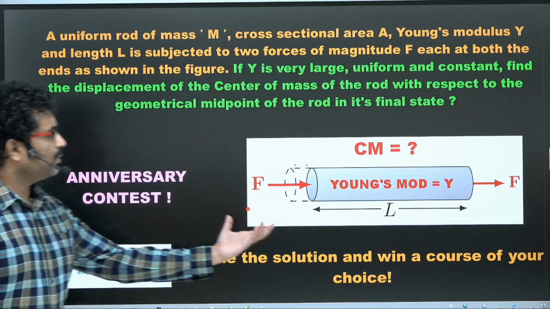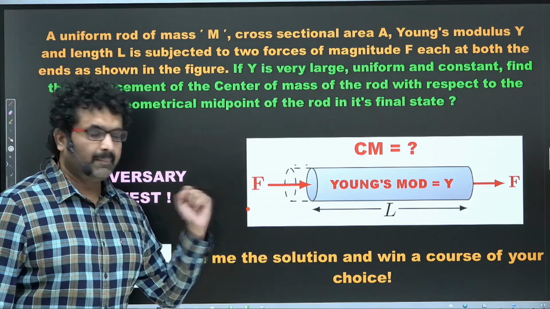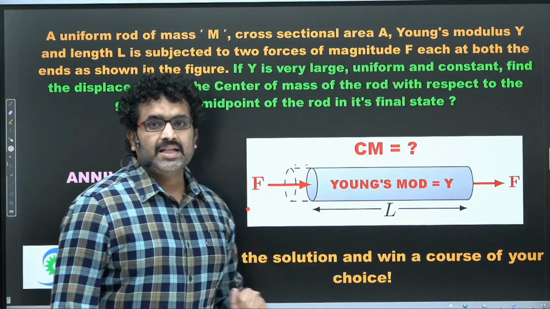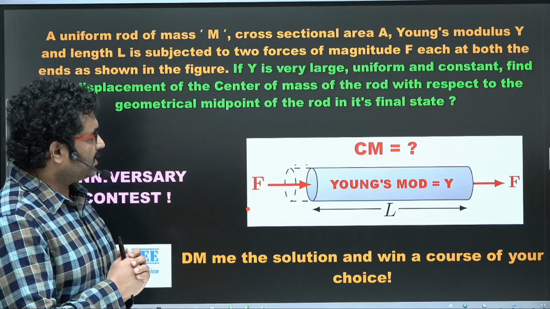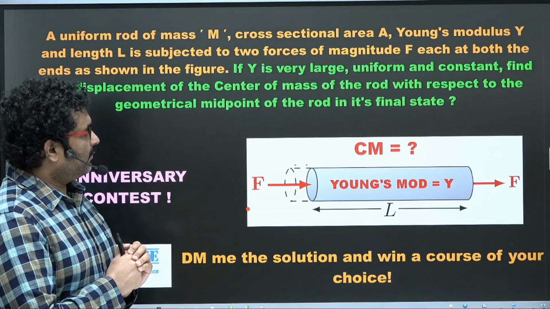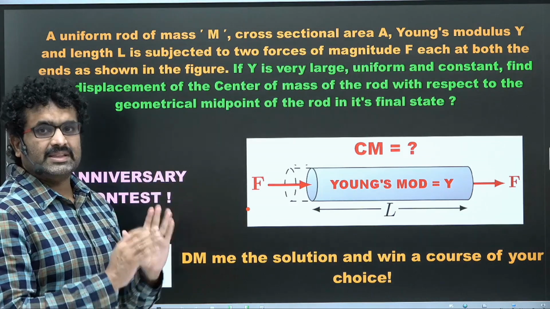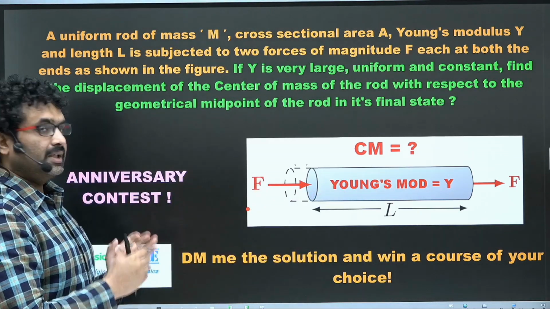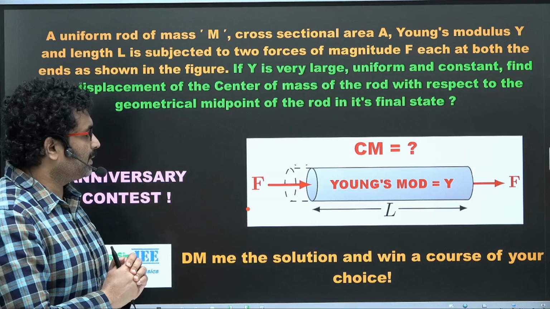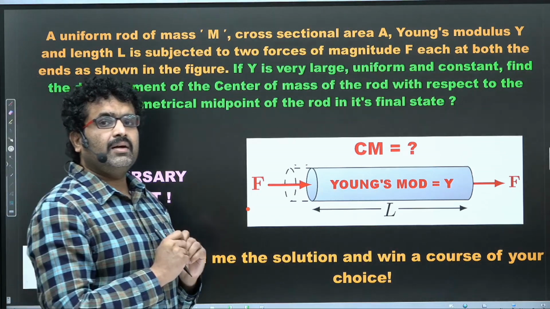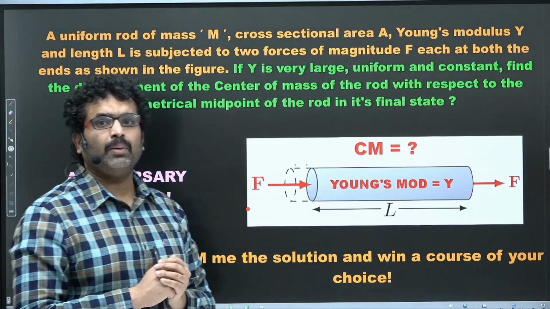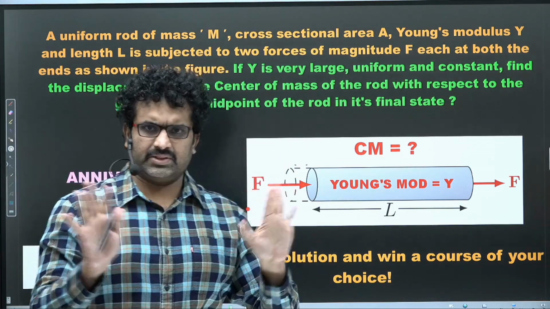There is a uniform rod with Young's modulus Y, and there are two forces, one compressive and one tensile, applied at the ends as shown. Once the elastic equilibrium of the system is reached, once it has stopped expanding or compressing, our job was to calculate the location of the center of mass with respect to the geometric center in the final state. This was the broad question.